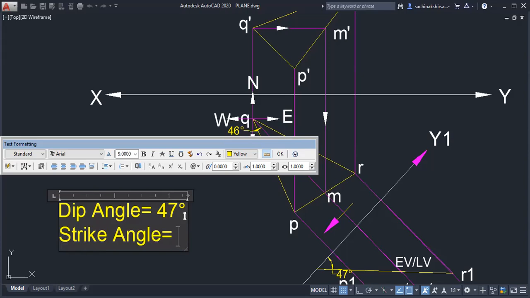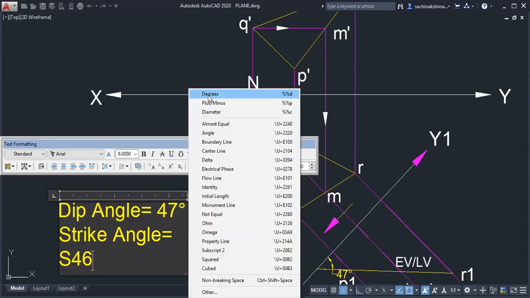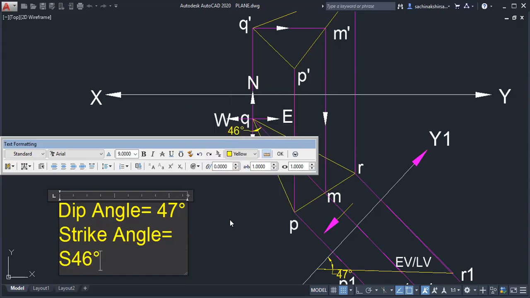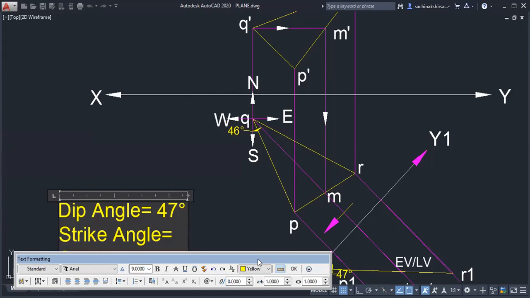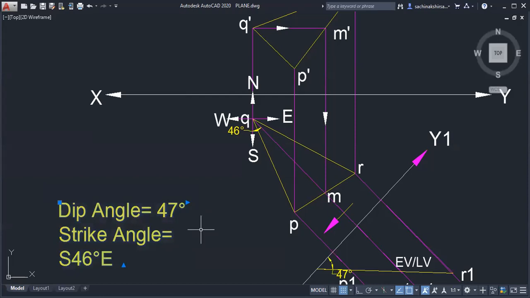South 46 W. Is it towards west or towards east from south? East. Yes, 46 degrees east.